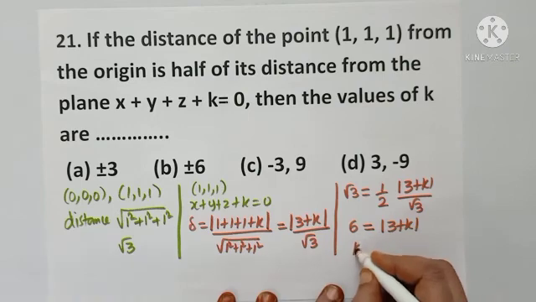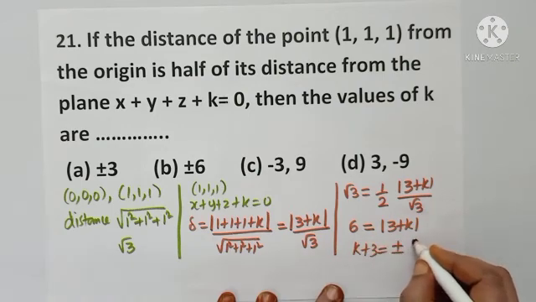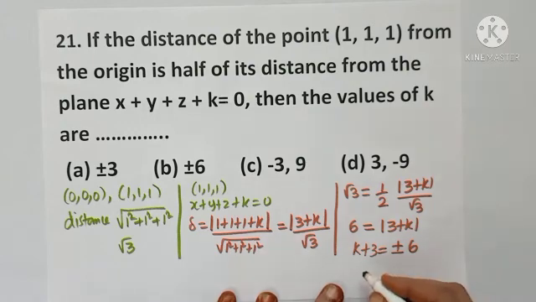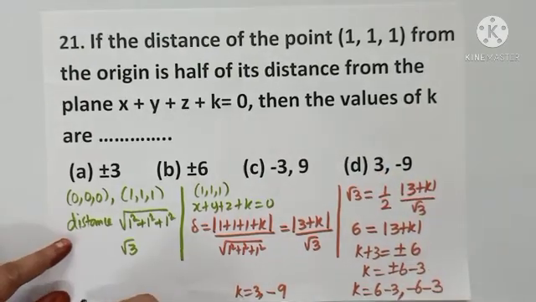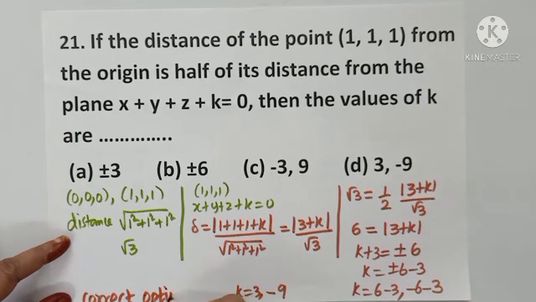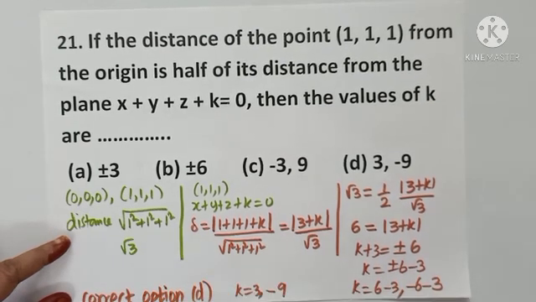Or when I remove the modulus, I put plus or minus 6. Or I get k is plus or minus 6 minus 3. One answer 6 minus 3, another answer minus 6 minus 3. 6 minus 3 is 3. Minus 6 minus 3 is minus 9. So out of the 4 options, the correct option is D, where I get 3 and minus 9 as my k value.